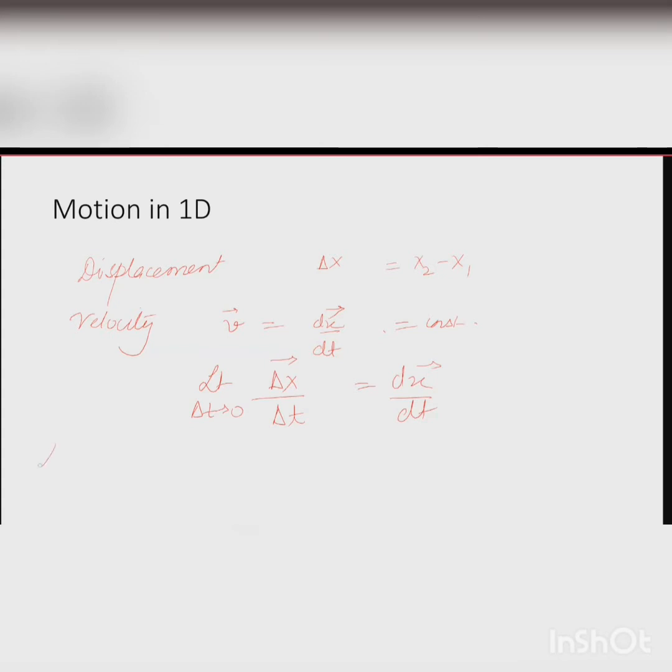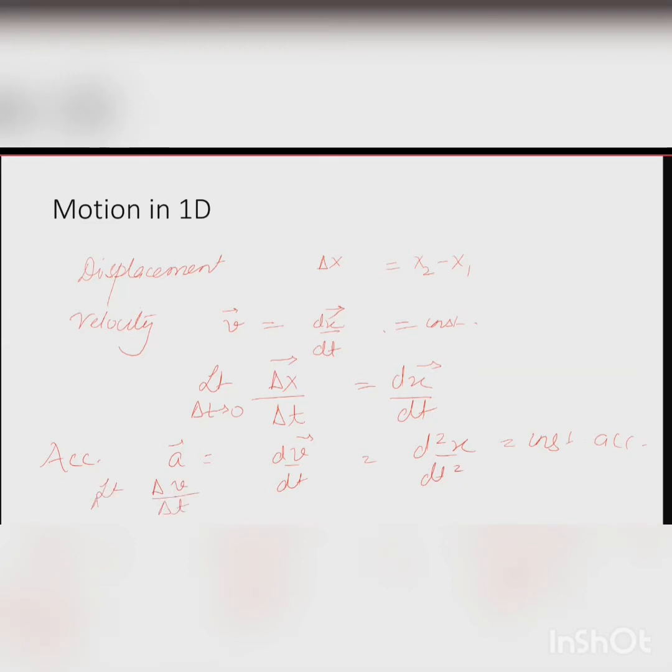Fine. If I had to talk about acceleration, the notation used was dv by dt, or I could have written d2x by dt2. Again, this is my instantaneous acceleration. If I had to look at average acceleration, that would be delta v by delta t.